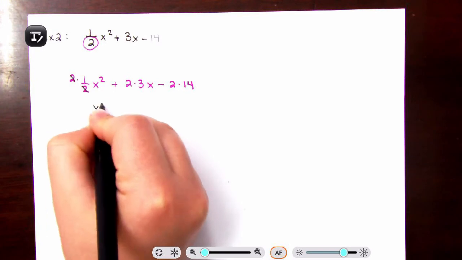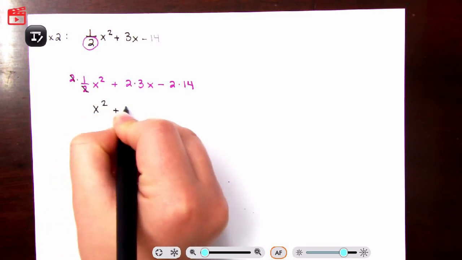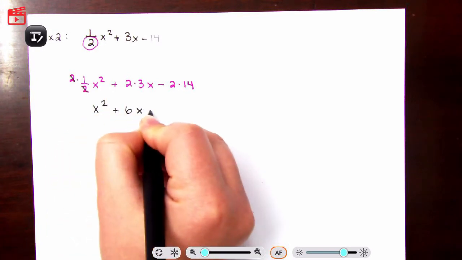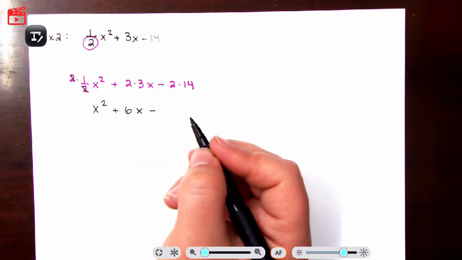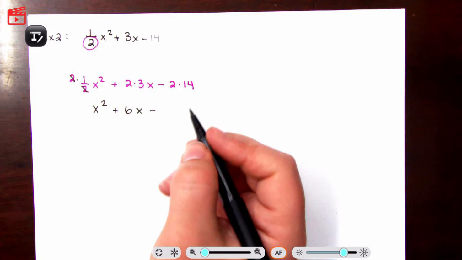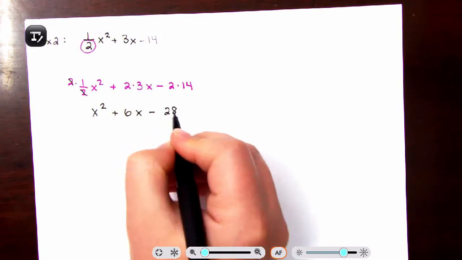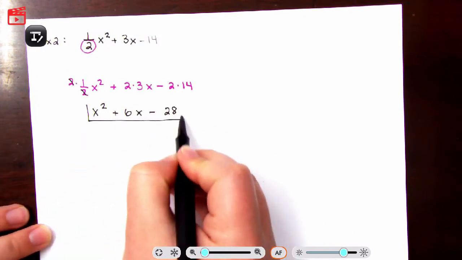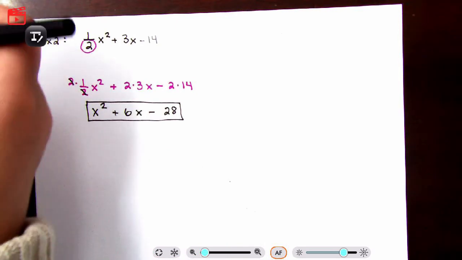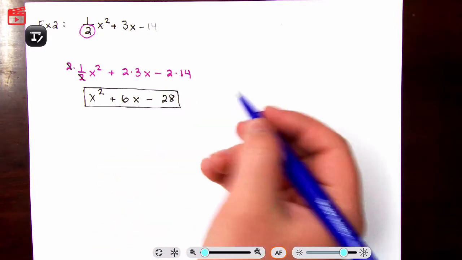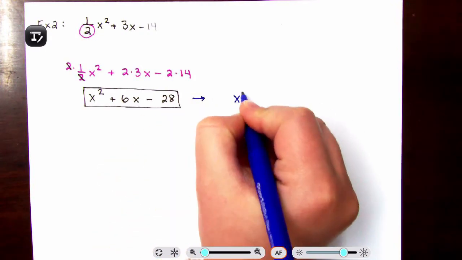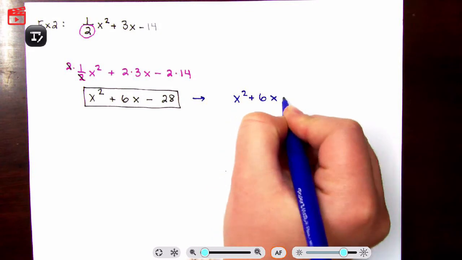So I have x squared plus 6x minus, and that is what, 28, I think? Yeah, that is 28. So this is now the new equation that we're working with. Step number 1, set this equation equal to 0. Let's shift this up.